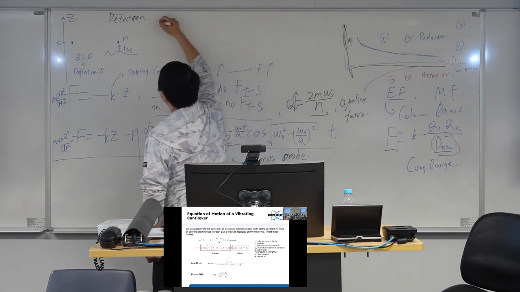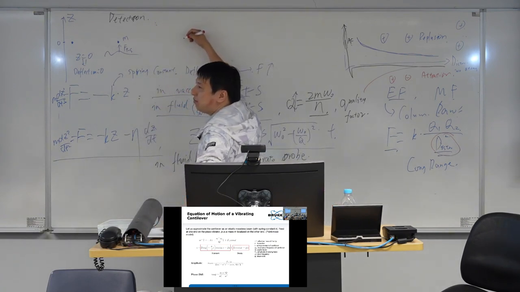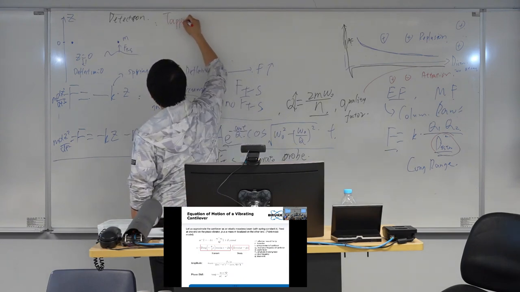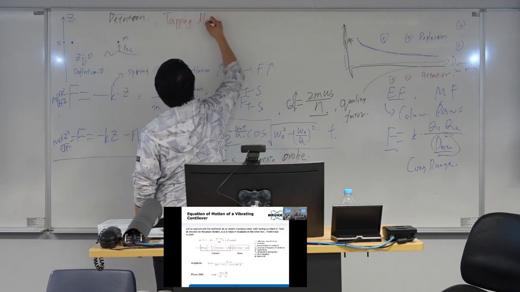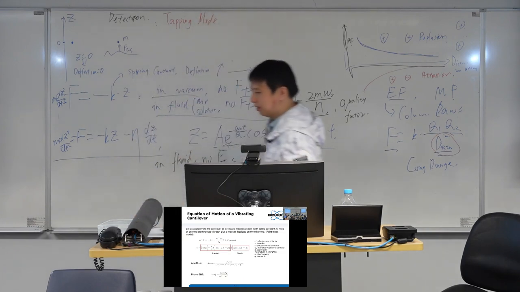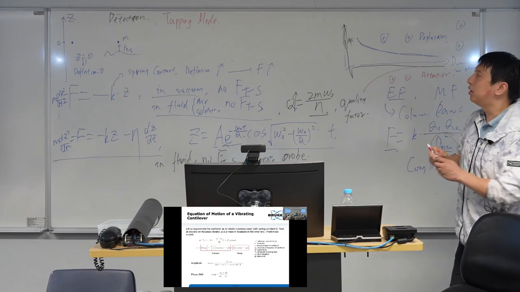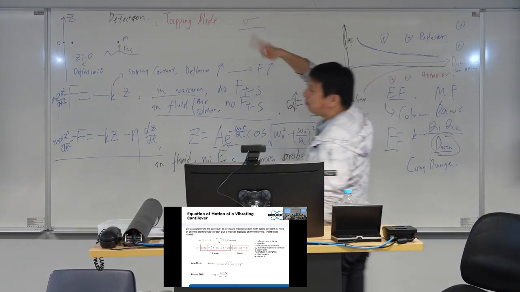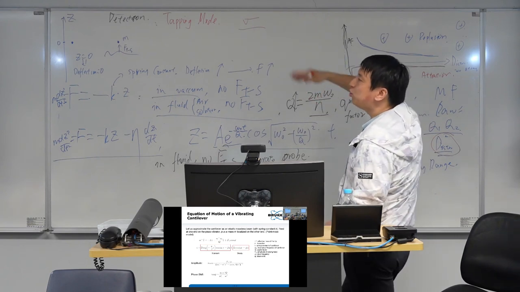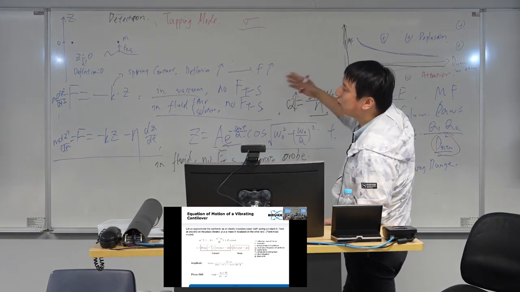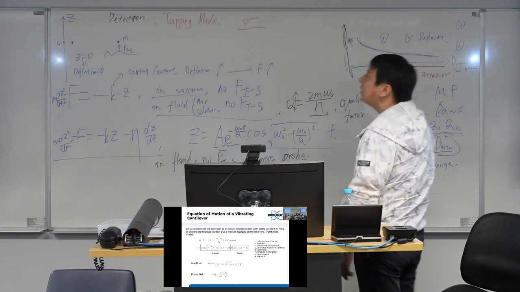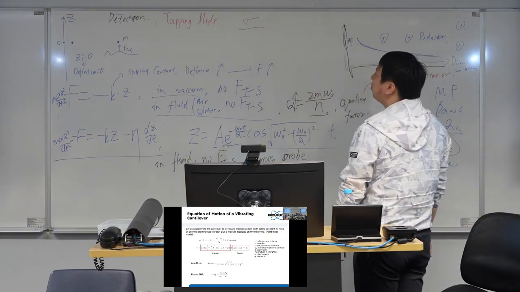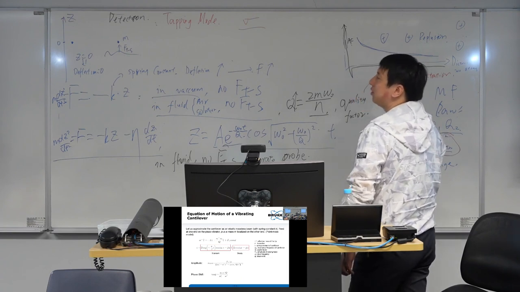In AFM, we have a quite famous scanning mode, the so-called tapping mode. In the tapping mode, we want our tip to tap on the surface and let the probe follow the trajectory of the surface. And in this tapping mode, we would get the morphology of the surface.